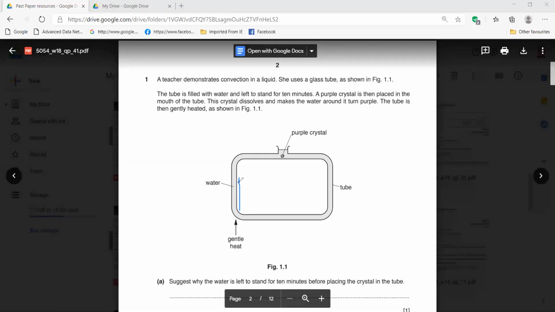So this place will not be empty. When these molecules rise up, the molecules from the right side will take this place, isn't it?